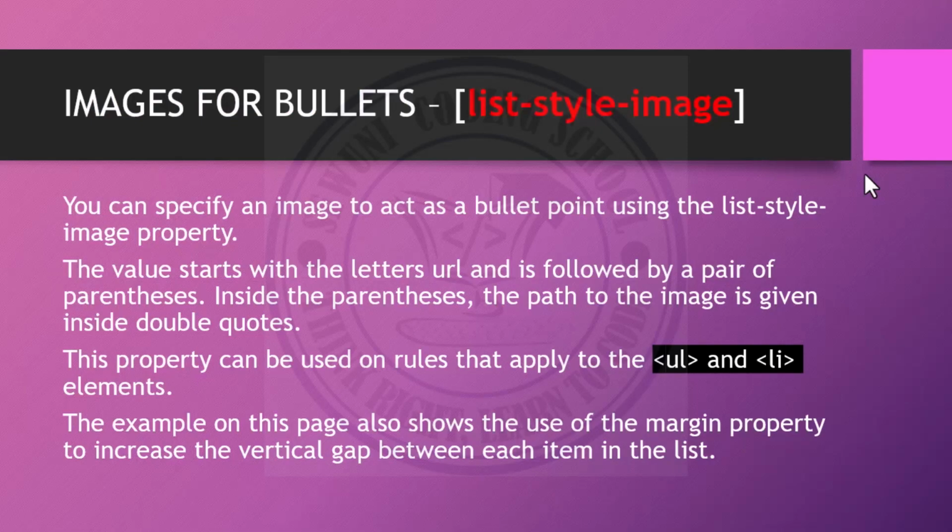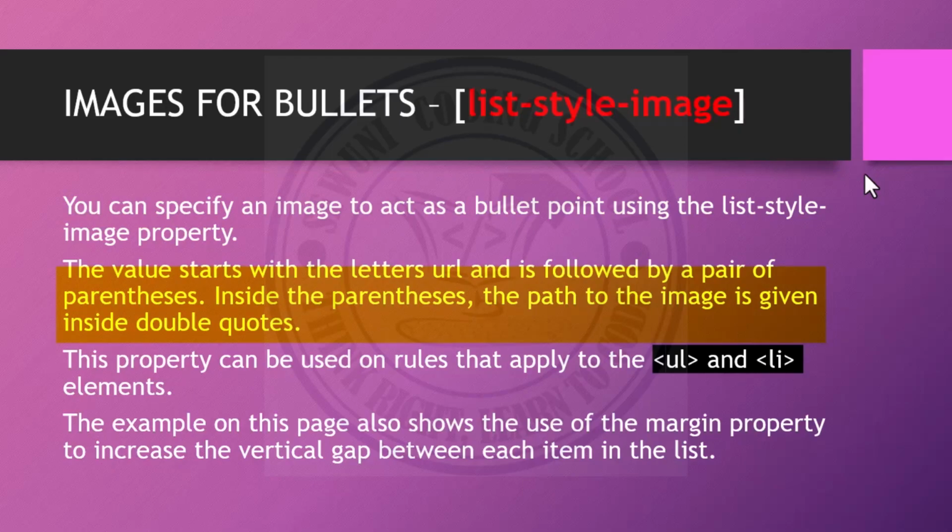In this case it's not list-style-type, it's going to be list-style-image. You can specify an image to act as a bullet point using the list-style-image property. The value starts with the letters url and is followed by a pair of parentheses.